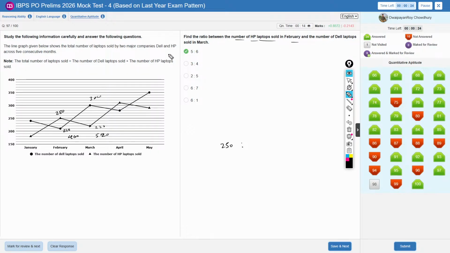Dell in March, Dell in March 305 to 6. HP laptops, the difference. HP laptops sold in January, it's 180. And HP in March 220. Okay.